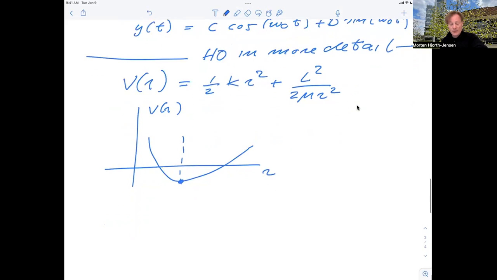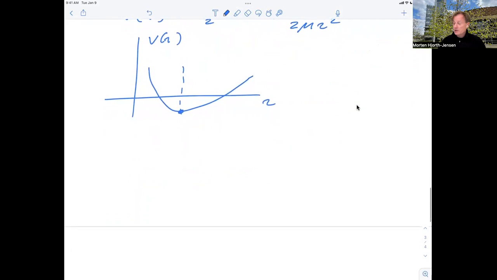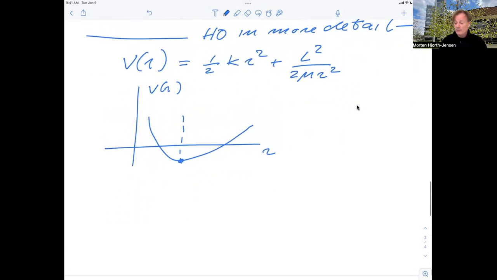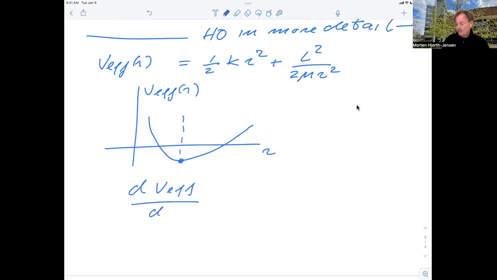Now, to find the value at the minimum for this effective potential, we should be a little bit careful when writing this potential. Instead of writing V of r, we should actually write V effective of r, to be more precise. So what we would do now is simply to calculate the derivative of this function and require that it is equal to 0.